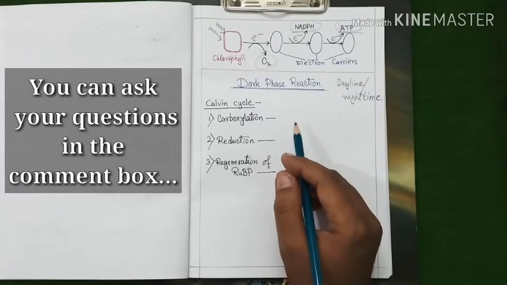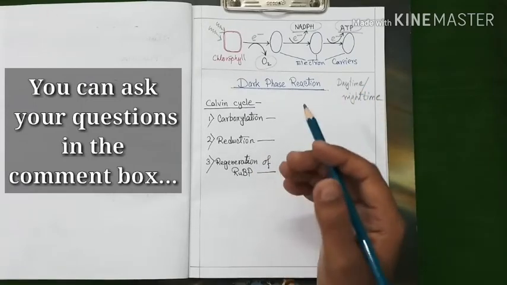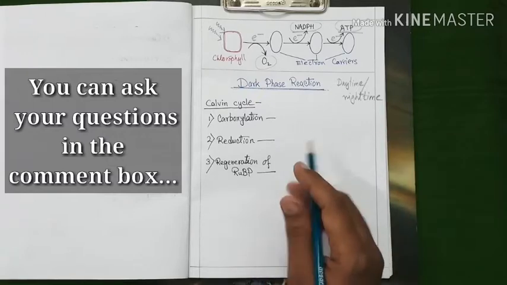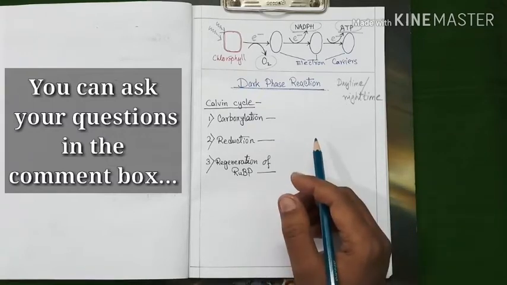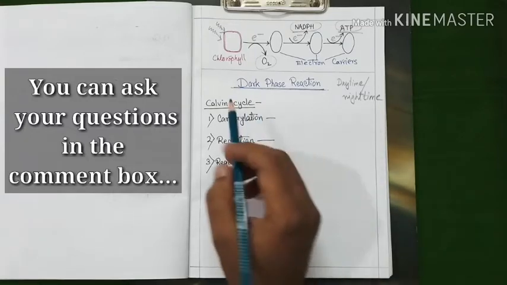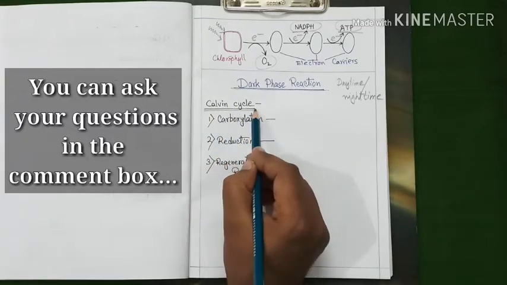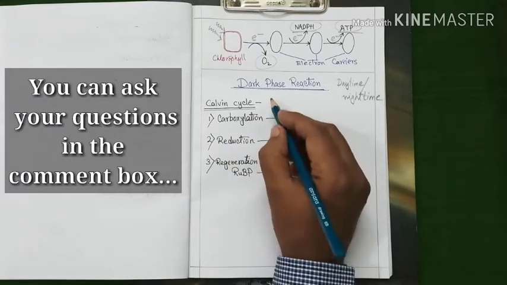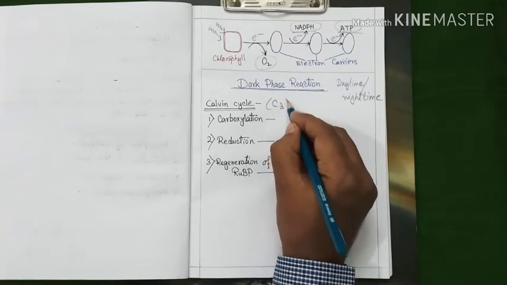The chemical reactions of this phase are completed within the stroma of the chloroplast. And as this reaction was first studied by scientist Calvin, this chemical reaction is also known as Calvin cycle. So let's start our discussion and know the detailed phases of Calvin cycle. The Calvin cycle is also known as C3 cycle.